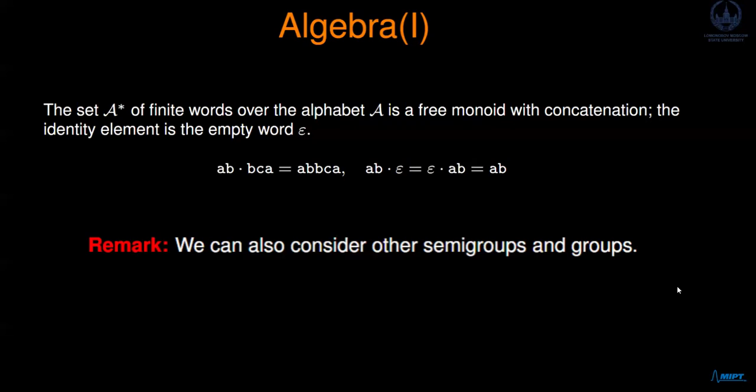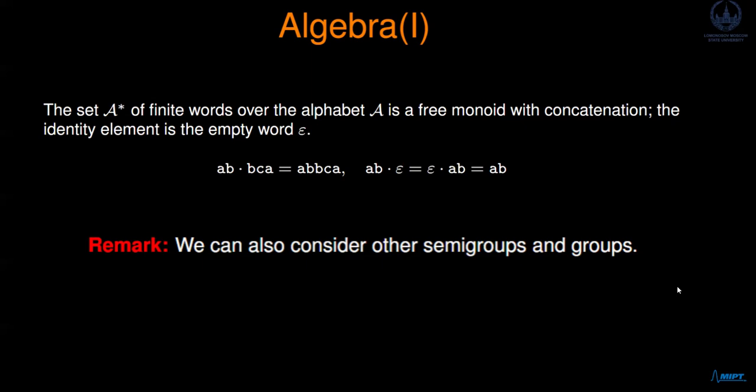Okay, now let's explore how algebraic structures relate to words over an alphabet. The set A star, which is the set of all finite words over an alphabet A, forms what is called a free monoid under the operation of concatenation. In algebra, a monoid is a set equipped with an associative binary operation and an identity element.